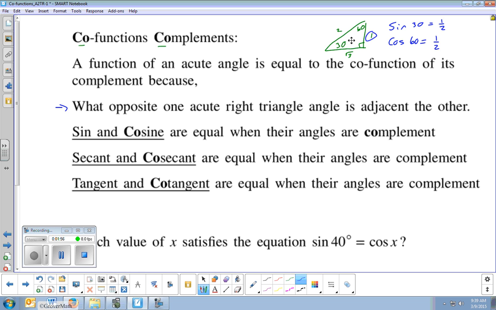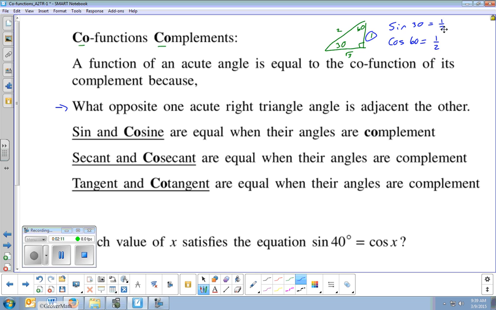And so that means sine 30, which is opposite over hypotenuse, 1 over 2, is the same as cosine 60, which is adjacent over hypotenuse, 1 over 2.